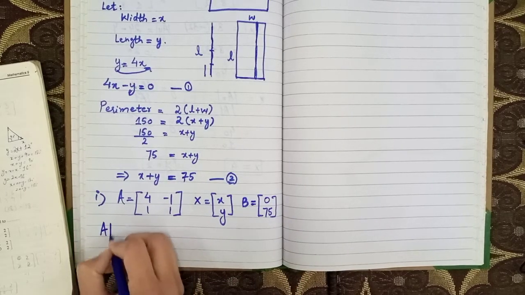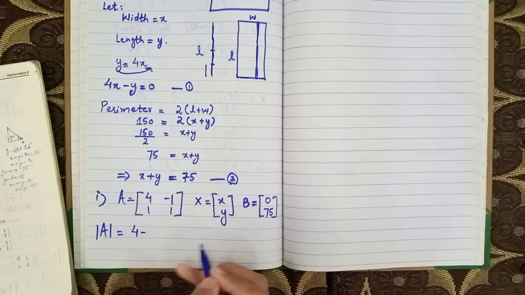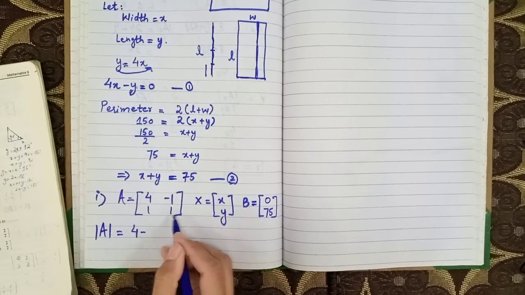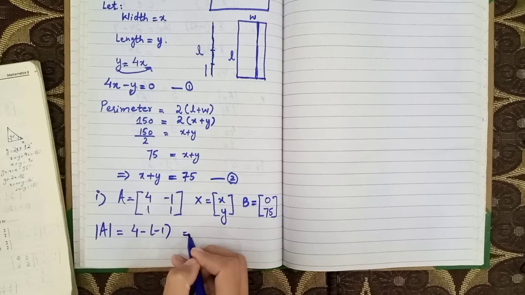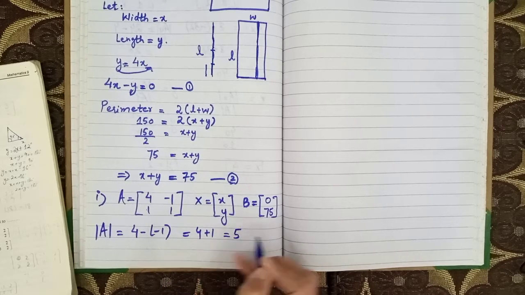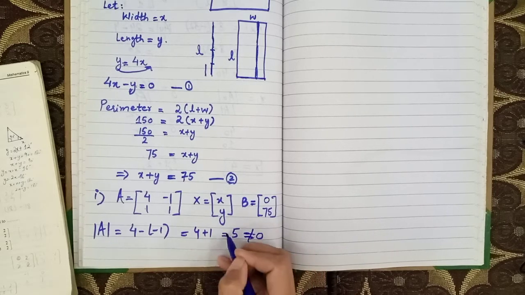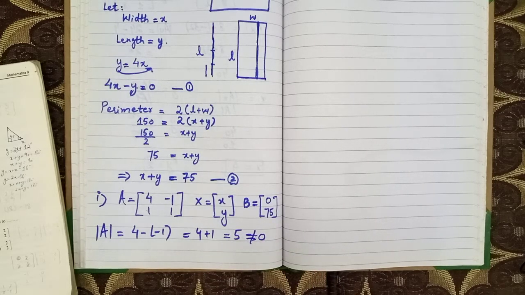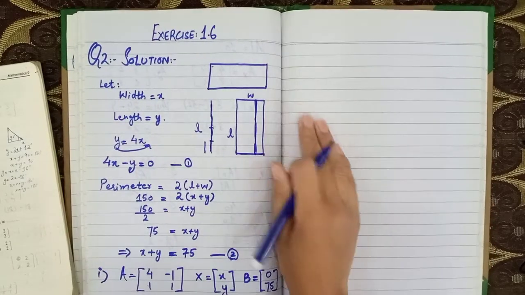Take the determinant of A. This would be our first step. 4 ones are 4. Put the negative sign of the determinant formula, and then minus 1 into 1 is minus 1. 4 minus minus 1 is plus, it would be 5. Not equal to 0. The matrix is a non-singular matrix. So we are able to do the matrix inversion method now.